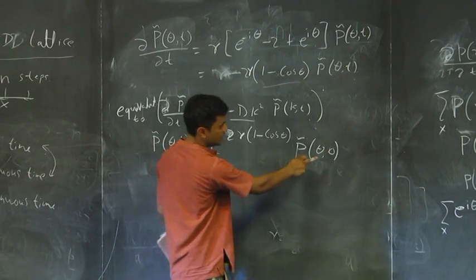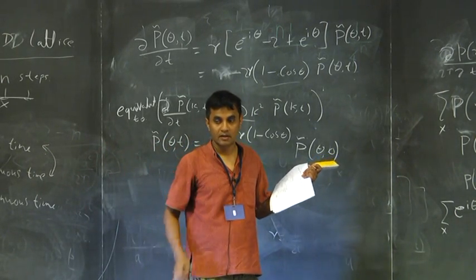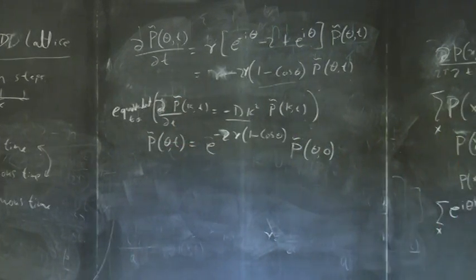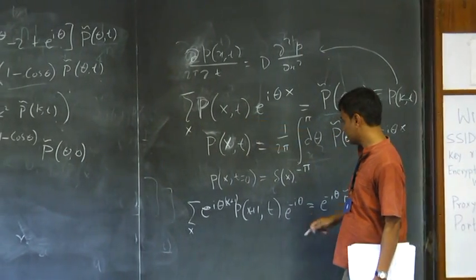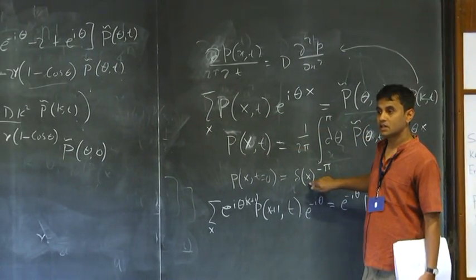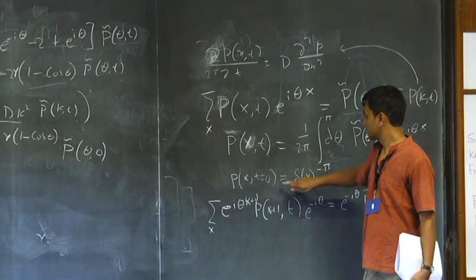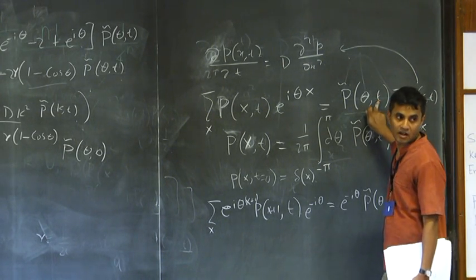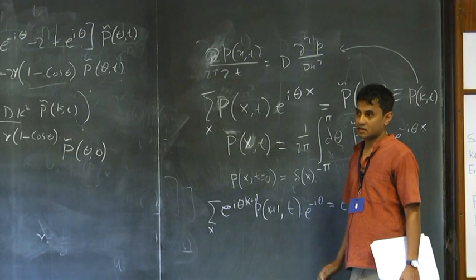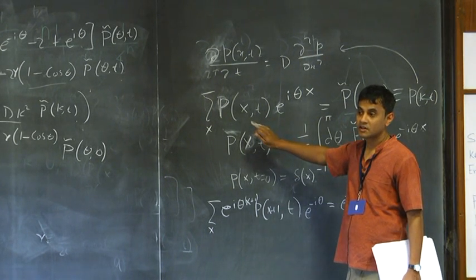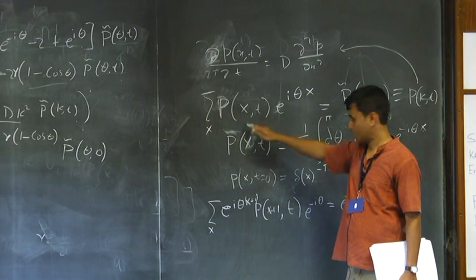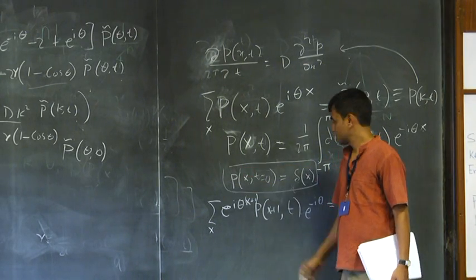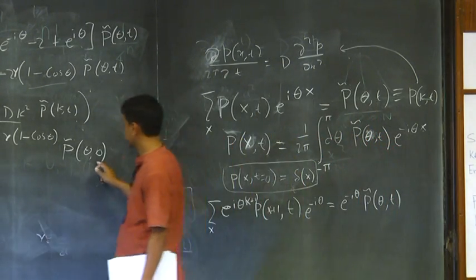And p tilde of theta, 0 is what? I basically use the initial condition, p of x, 0, which I said was delta of x, so it's 1, right? This is just 1.